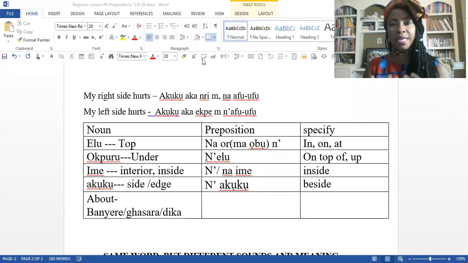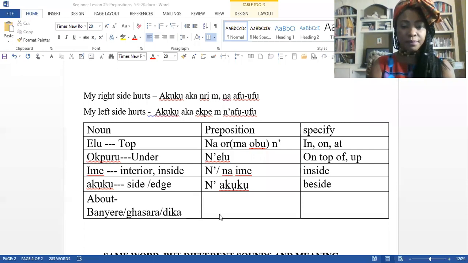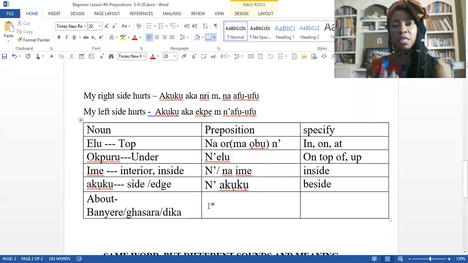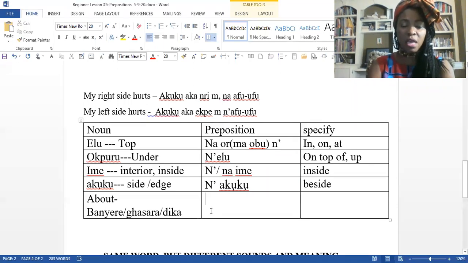If you want to make a sentence, we want to put the preposition here. You want to use the preposition to make a sentence. We have to use na, or ka.